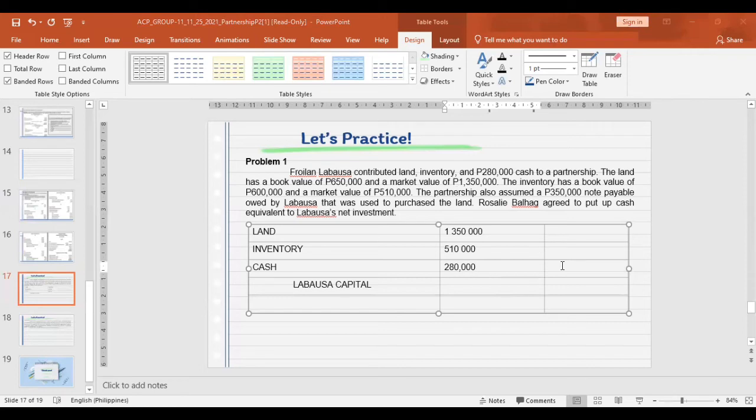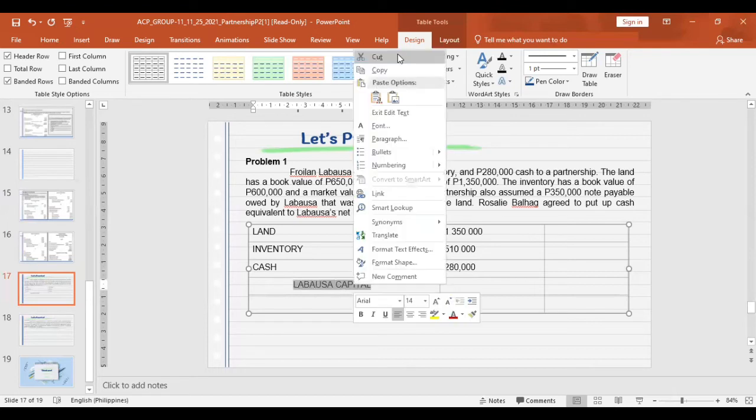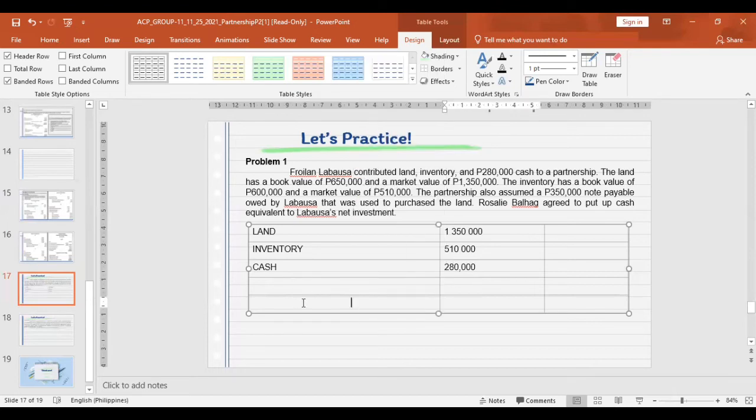Meron pa pala siyang notes payable na 350.